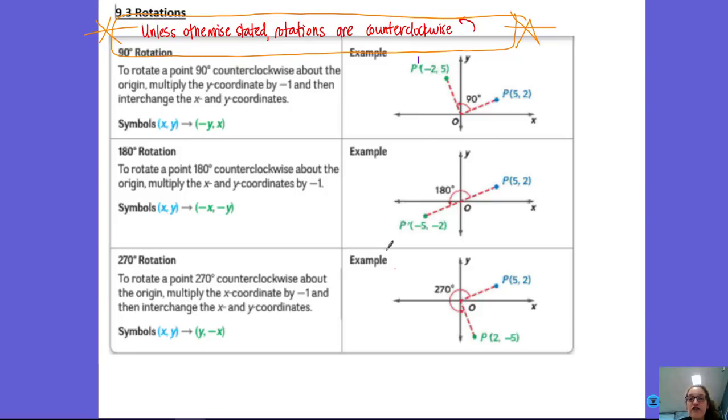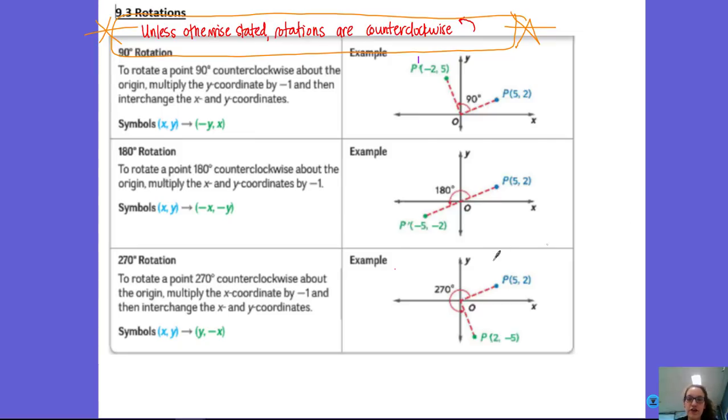If you're rotating 180 degrees, the same as rotating 90 degrees twice, you take your x and y coordinates and change the signs, but you're not interchanging them. You're just changing their signs.